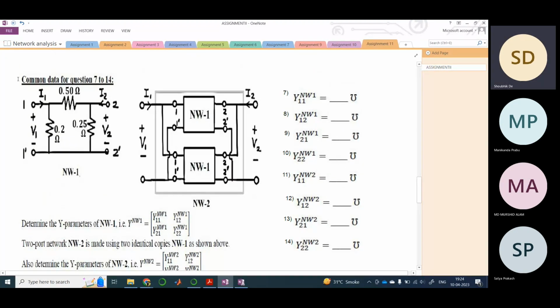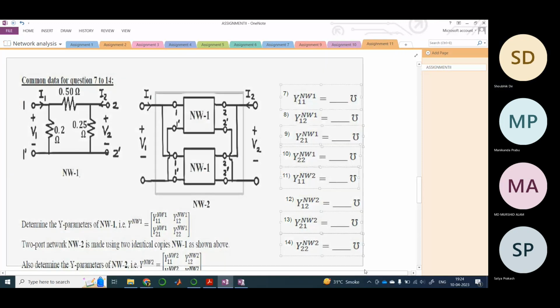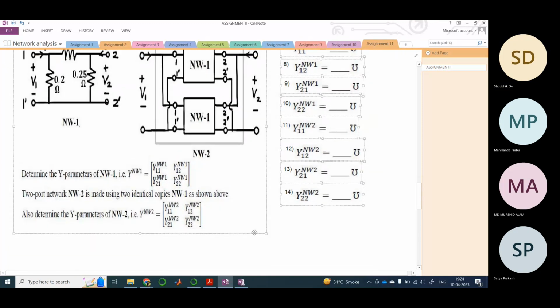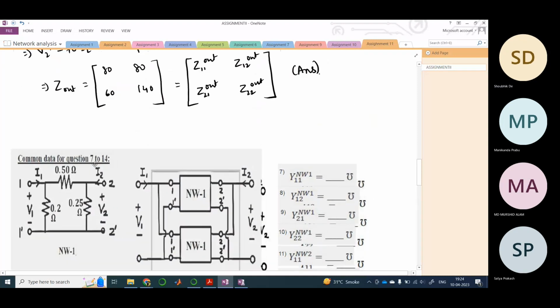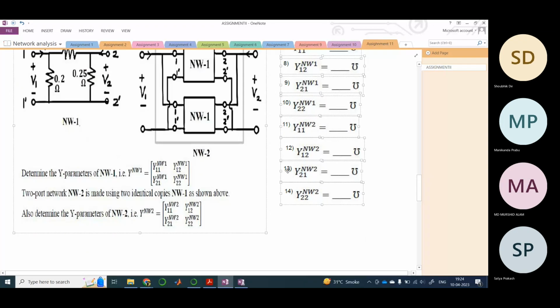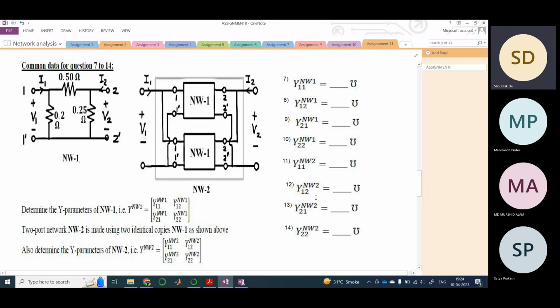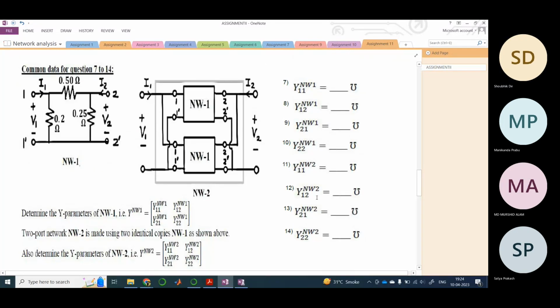So let me again pull this upwards a bit. Now, please understand this question carefully. Basically here there is one network, network one, and here there is another network, network two, right?